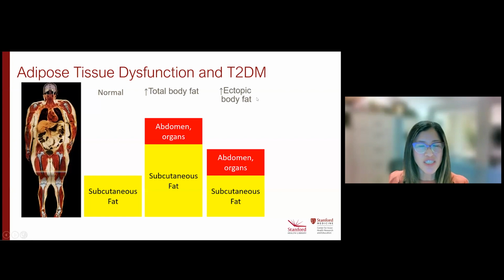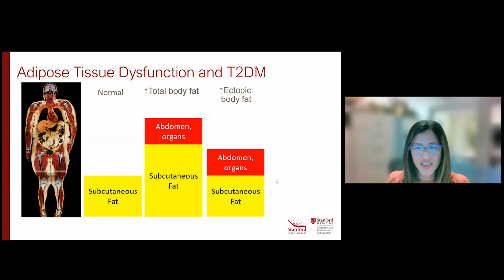Other situations that people have evaluated is because perhaps individuals of Asian descent have lower BMI, maybe you preferentially, instead of using your subcutaneous fat, tend to store fat in these depots in the abdomen and in your organs that are more aligned to risk for diabetes.